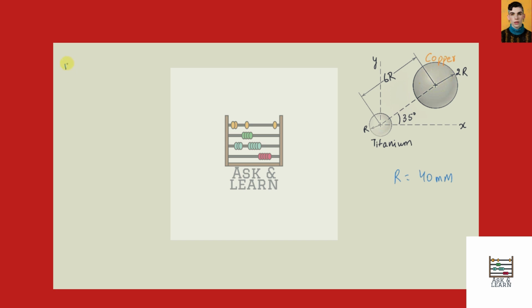So the mass of the copper sphere is given by the density of copper times the volume of copper, and the density of copper we have 8,930 kg per meter cube, and the volume for copper, it's a sphere, so 4 by 3 pi r cube, and in this case for copper r we have 2r, so (2r) cube.